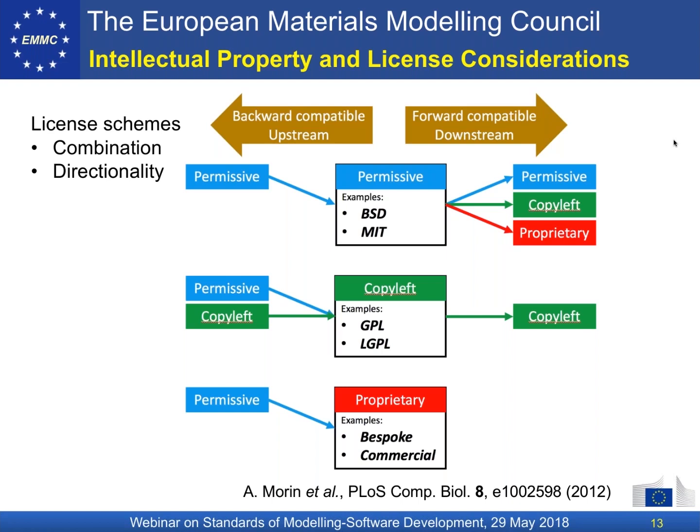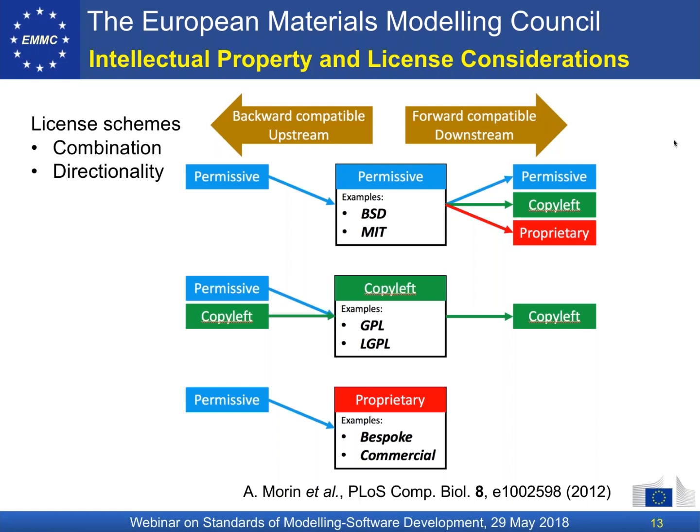And once you have a code with a permissive license, this can be changed into permissive license, copyleft license, or proprietary license. There are even software packages which are distributed under different licenses, for instance, a permissive license for academic use and proprietary license for industrial use. This can be applied to the same software actually.